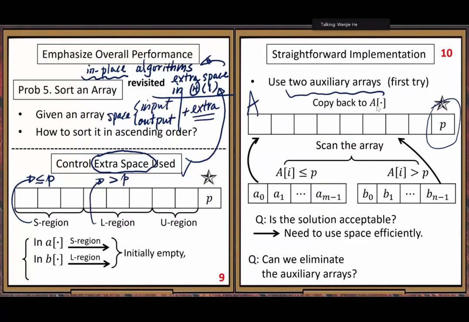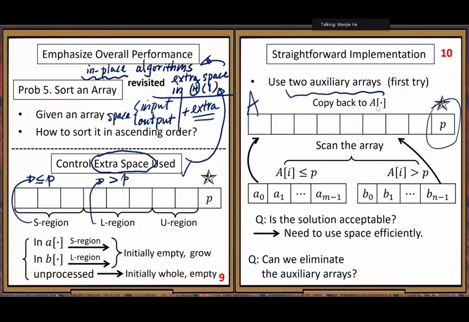All the elements belong to the U region initially. At the end, the U region is empty. After the processing, the U region is empty, so we complete the partition step. That's the idea.